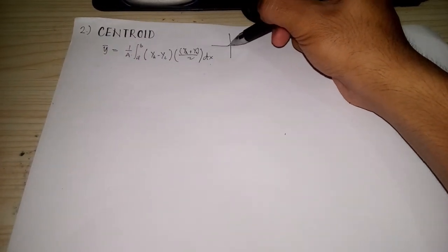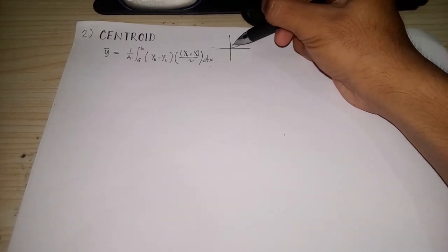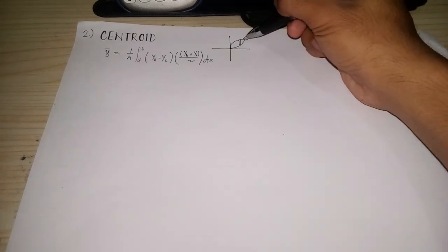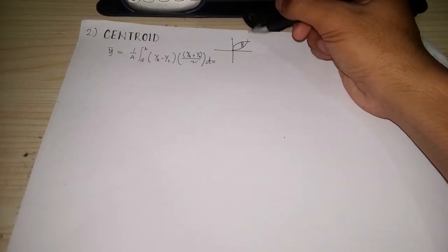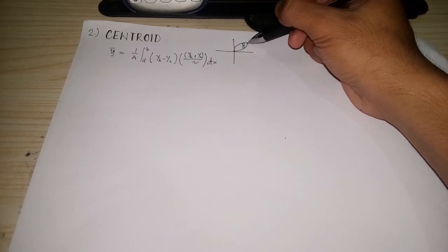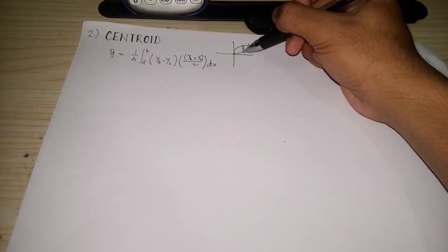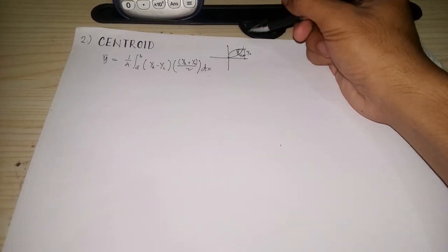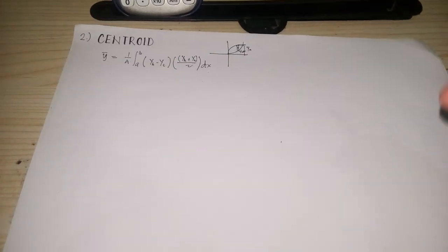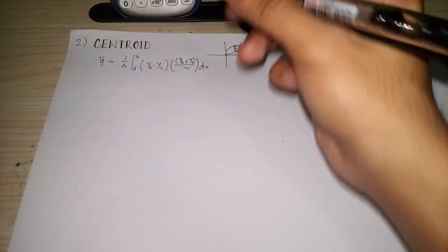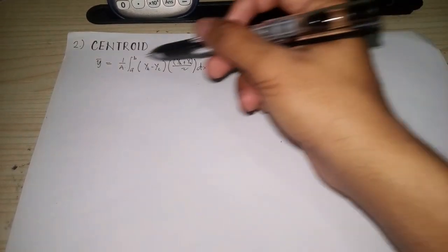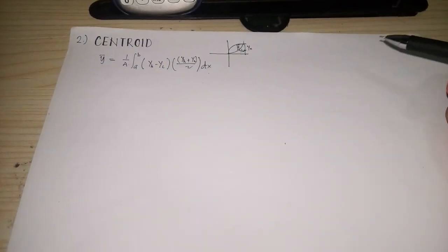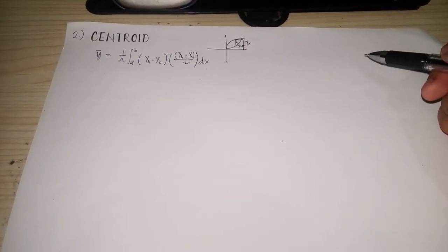Our graph is this, right? So to get the centroid here, of course we have to add these two, which is the y high and the y low, then divide that by 2. But that isn't the process of getting the centroid only. So this is our formula for that. So that's for the bar y.